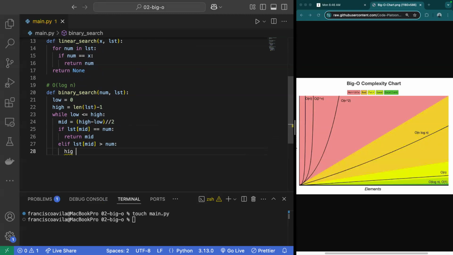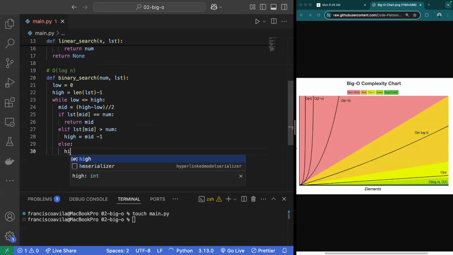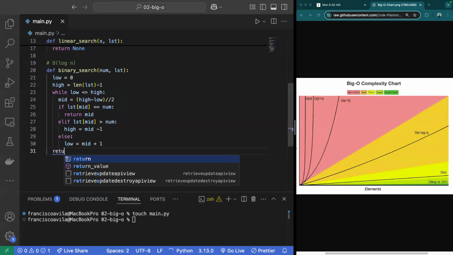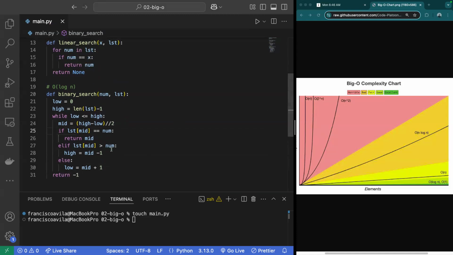We want high to be equal to mid minus 1. And then else, we want to shift low to be equal to mid plus 1. If we break out of this while loop, we want to return -1 or None because the target was not found.